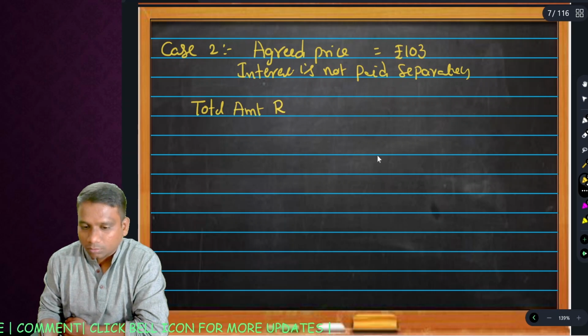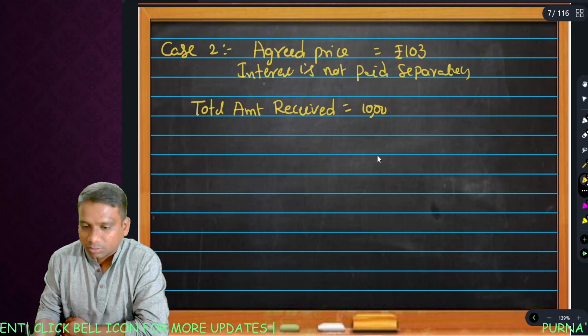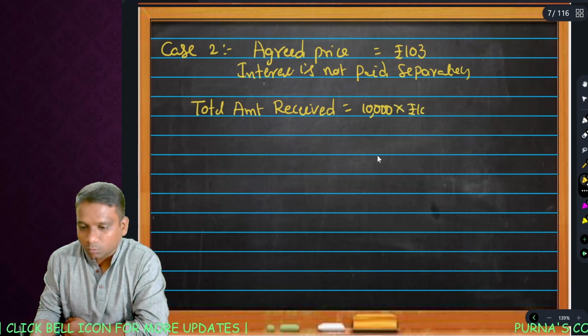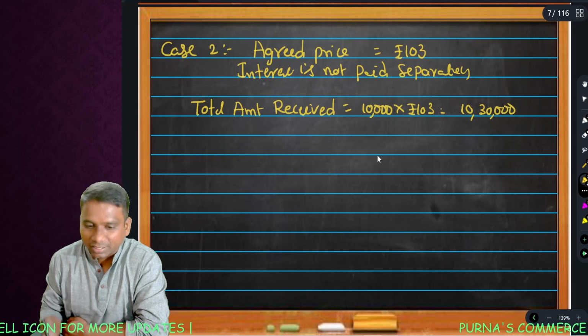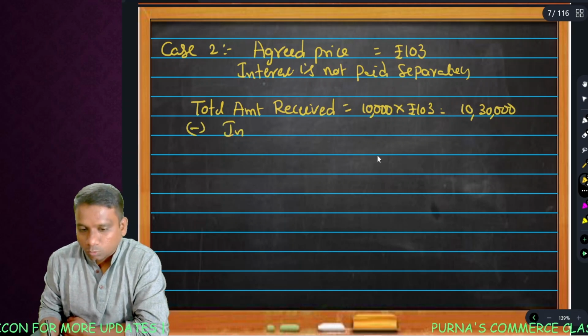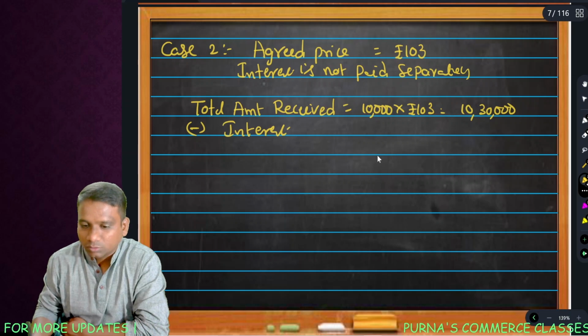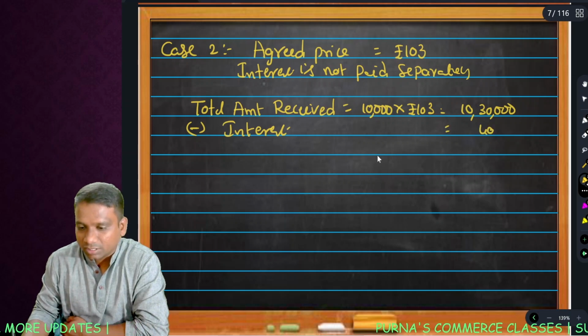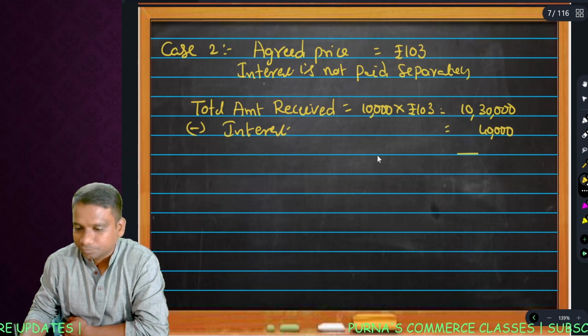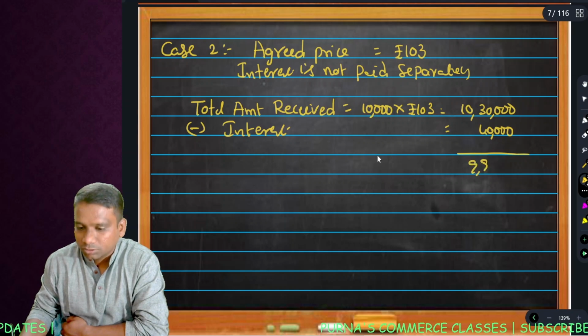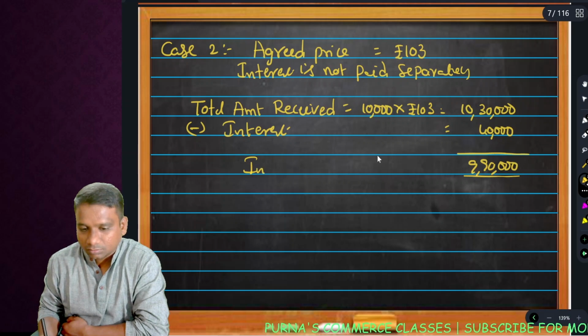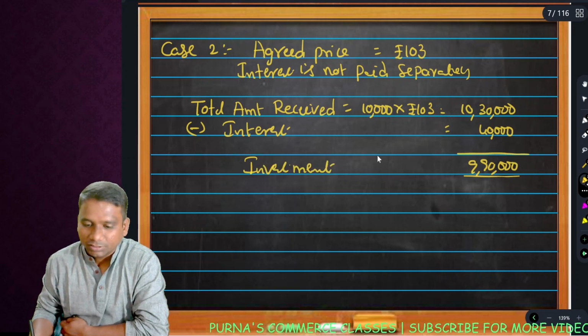Total amount received is equal to 10,000 debentures into 103 rupees. That comes to 10 lakh 30,000. So out of this amount, we should deduct interest. Interest already we calculated 40,000. Now tell me, towards capital portion, how much? Investment portion.